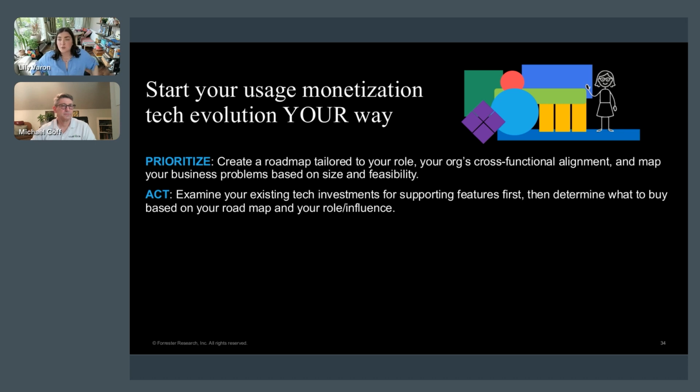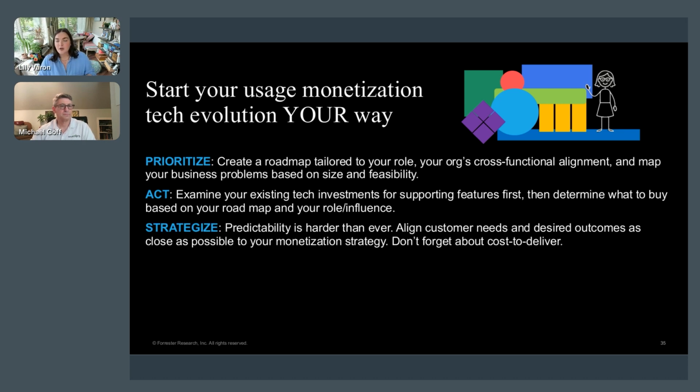But I think there's a really important step in examining the existing tech investments that you have for supporting features for solving those business problems today. Determine what to buy based on that roadmap and based on what you have the most influence and responsibility for in your tech stack, because there are many roads to Rome here.